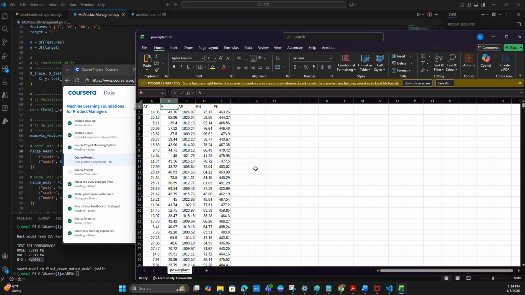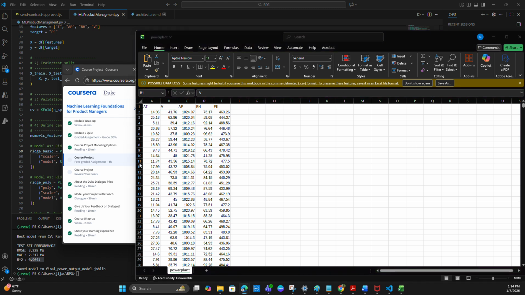So the target variable is net electrical energy output in megawatts, which ranges roughly from 420 to 496 megawatts. This is a real industrial data source from published research.